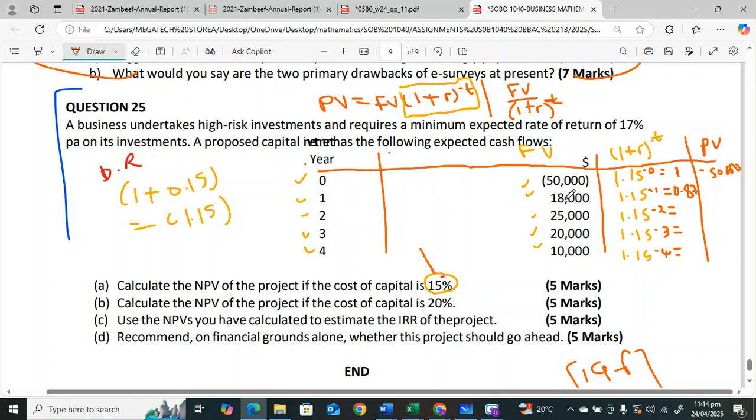So this 18,000 which we'll receive at the end of year 1, today it's 15,660.